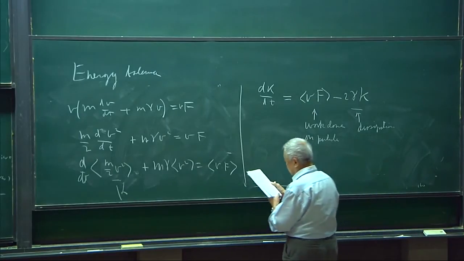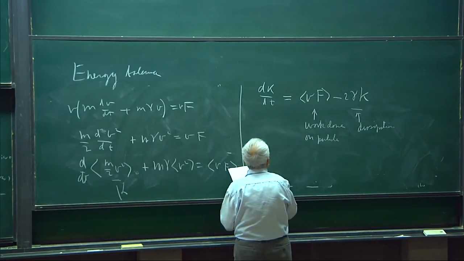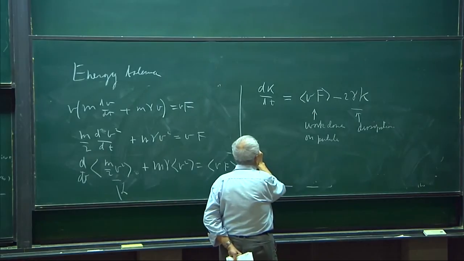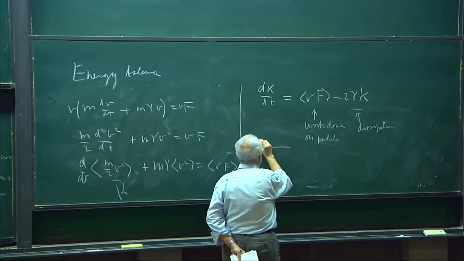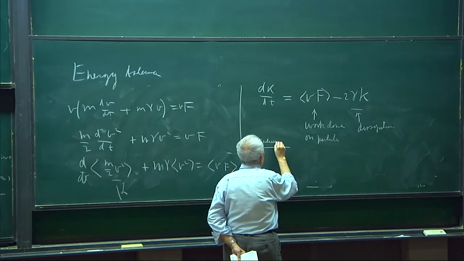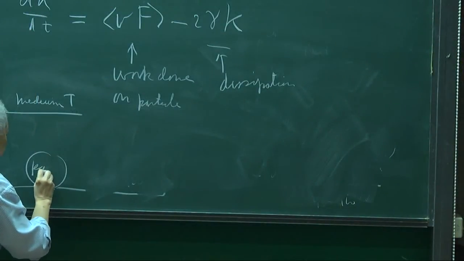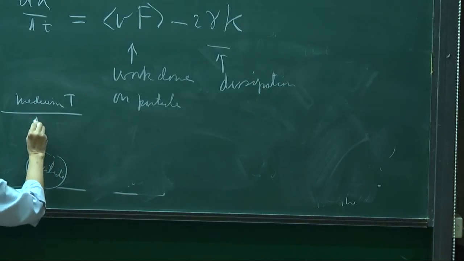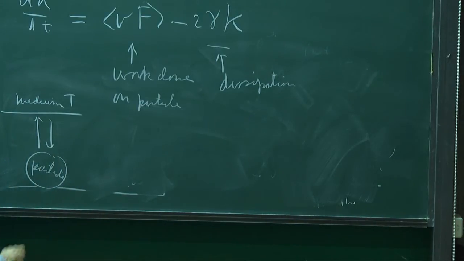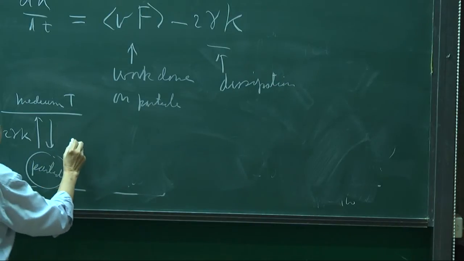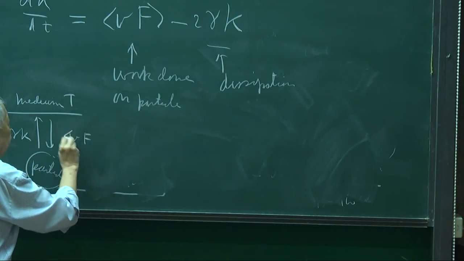So this says that here's the medium at temperature T. The particle is immersed in this medium and it exchanges energy with this medium. It gives energy to this medium through dissipation, it's 2 gamma K. And it receives energy from the work through vf.